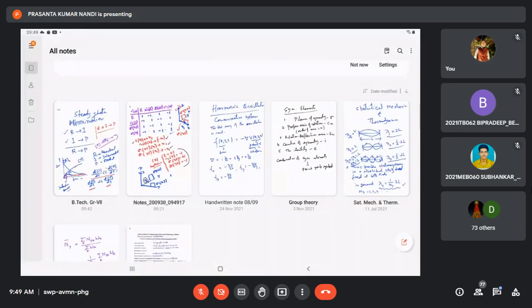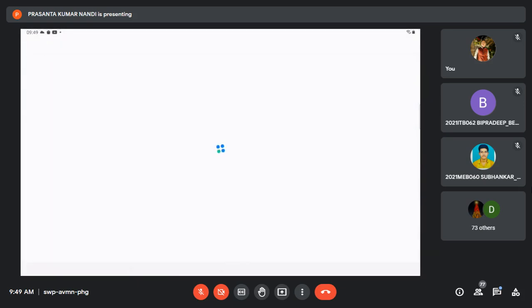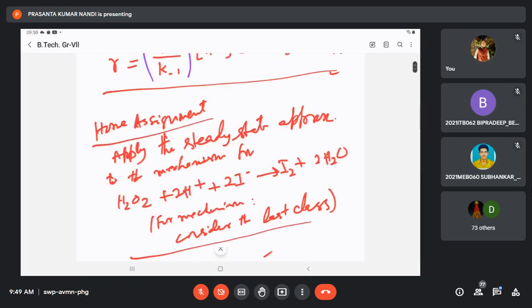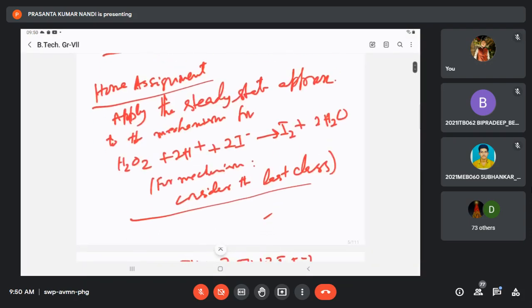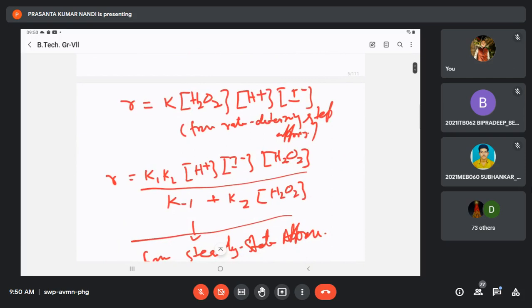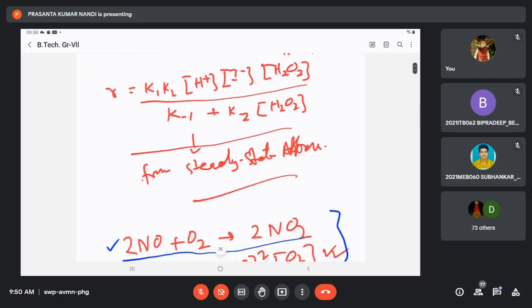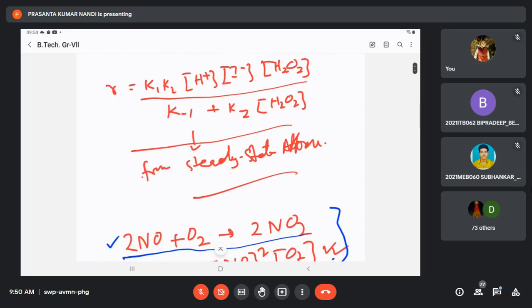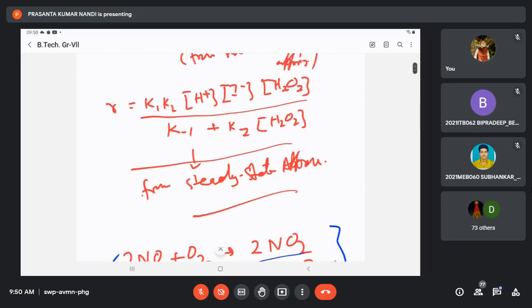So from steady state approximation, you have to derive it.